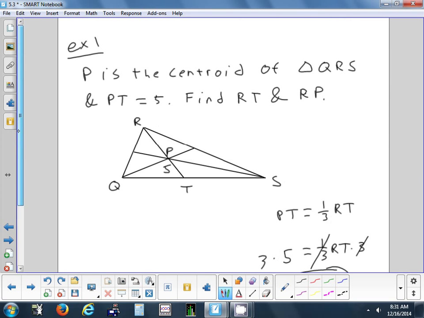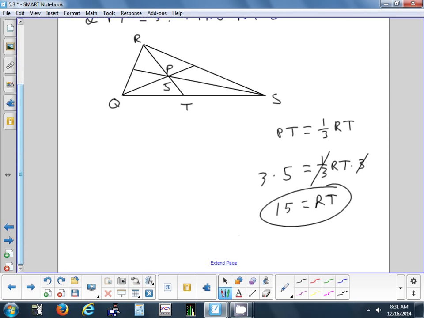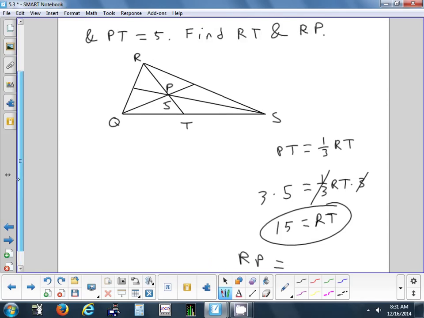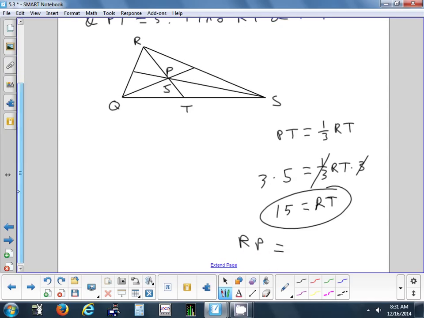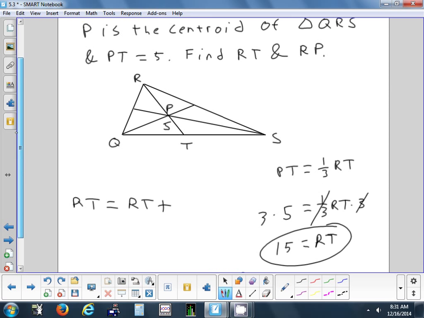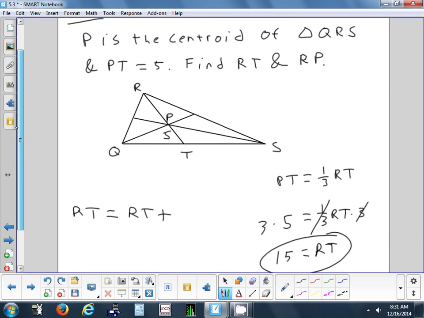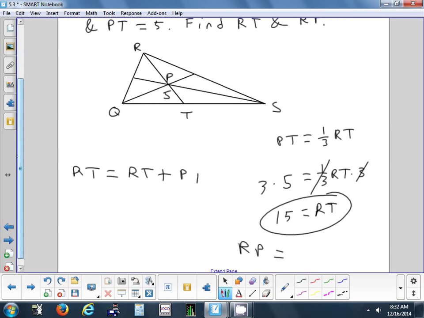Okay, what about RP? If you're not sure, well, you know RT is 15. And you know to get RT, you have to add RP and PT. What postulate is this?